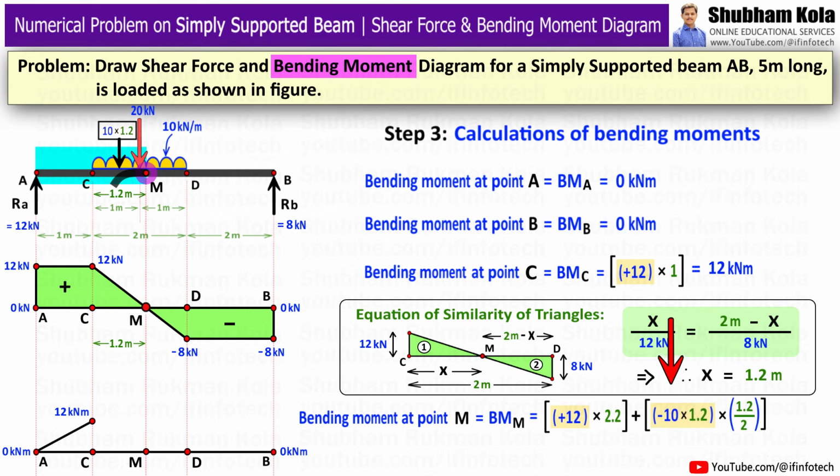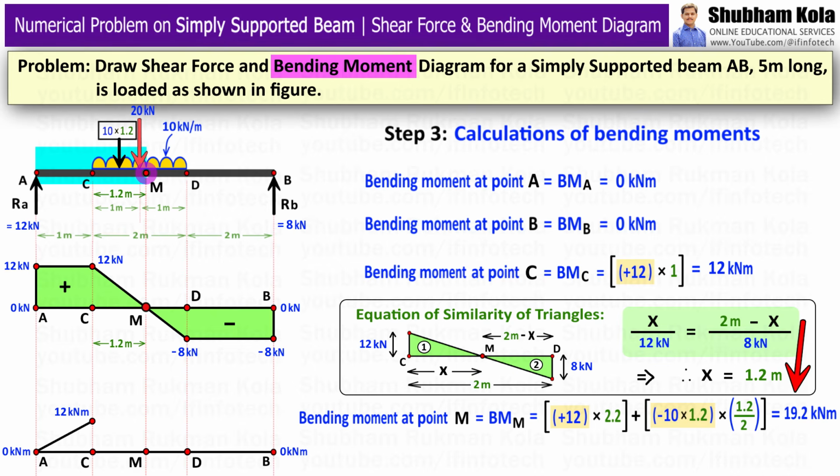So I will add this converted point load with negative sign, and I will multiply this force with the distance from the point of action of force, that is half of 1.2 meter. Therefore, after calculating, we get the value 19.2 kN meter.